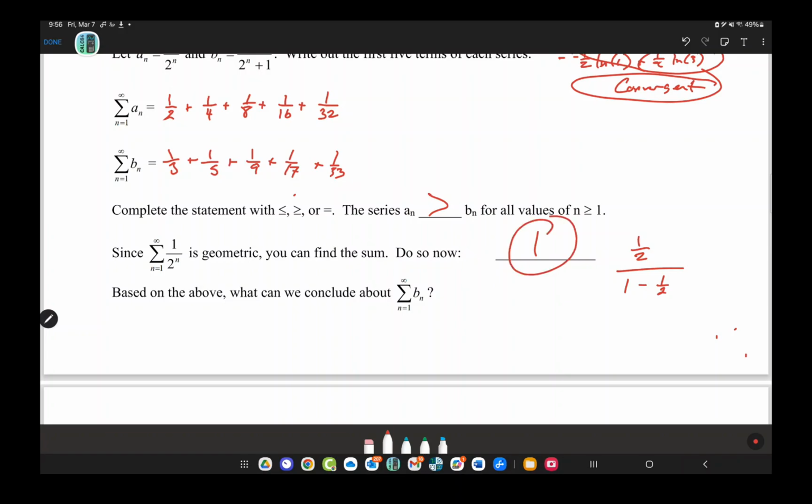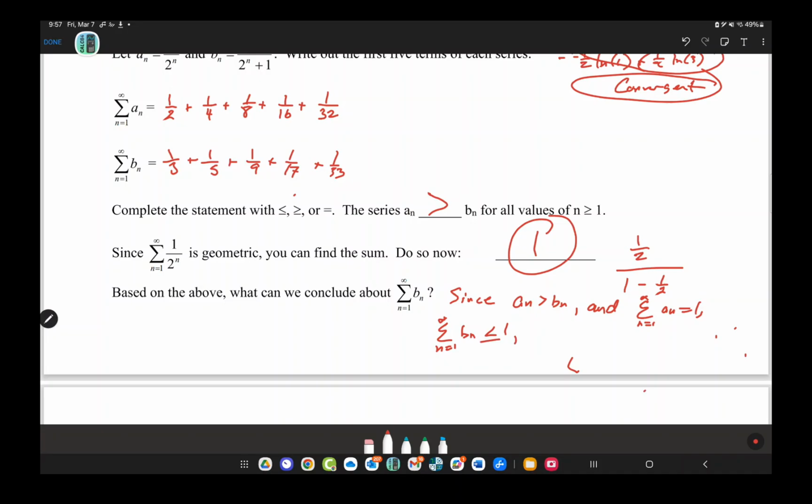Based on the above, what can we conclude about the sum of b of n? It should be less than 1. So since a of n is greater than b of n, and the sum from n equals 1 to infinity of a of n is equal to 1, the sum from n equals 1 to infinity of b of n should be less than or equal to 1.